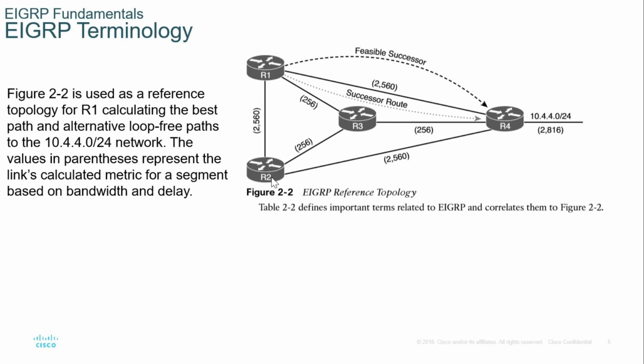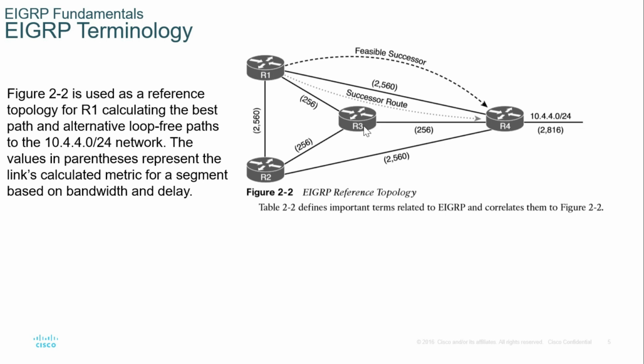Bila kita kata feasible distance, dia akan tambah reported distance dengan distance daripada router yang report tu kepada router yang di-report. Router 3 report kepada router 1 berapa distance daripada diri dia nak ke destination network ini. Router 2 juga akan buat benda yang sama. So, bila router 1 nak kira, dia akan tambah distance dia kepada router yang mereport itu. Okay. So, itu dipanggil feasible distance.